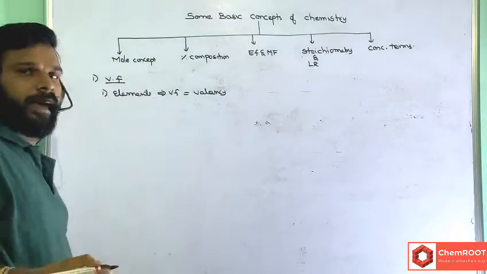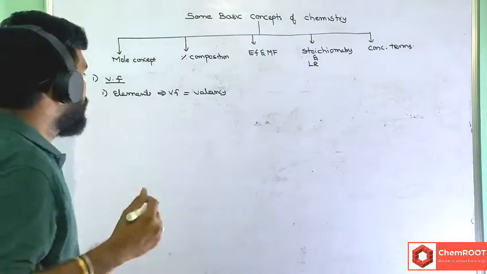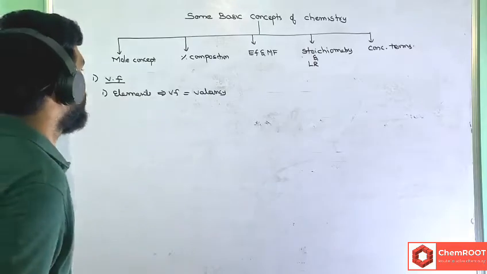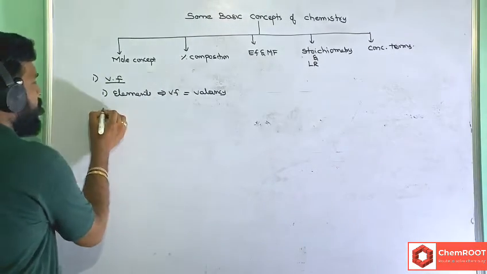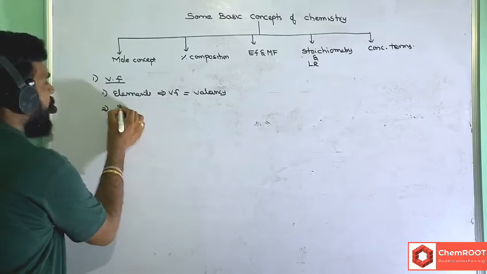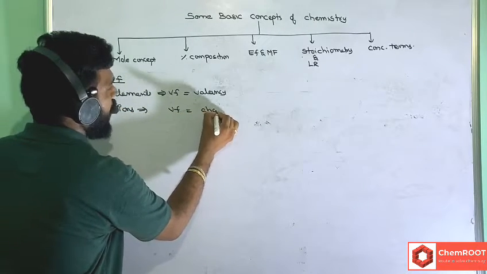Suppose aluminium, valency will be 3, zinc 2, and chlorine 1. So for elements, valency will be the factor. For ions, the valency factor will be equal to the charge on the ion.